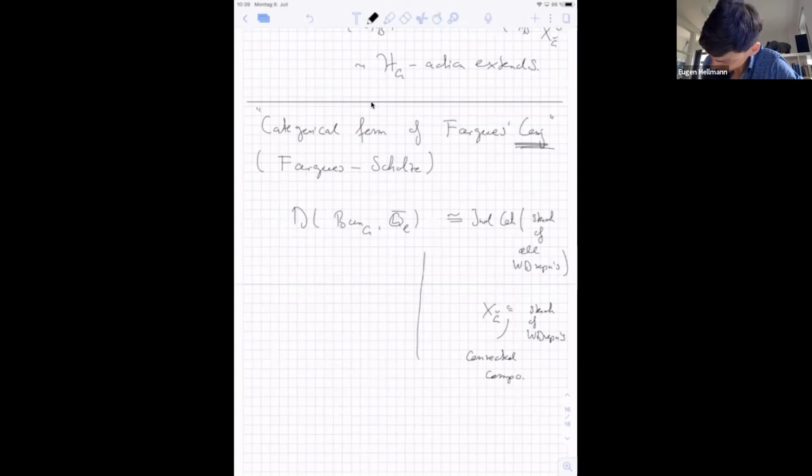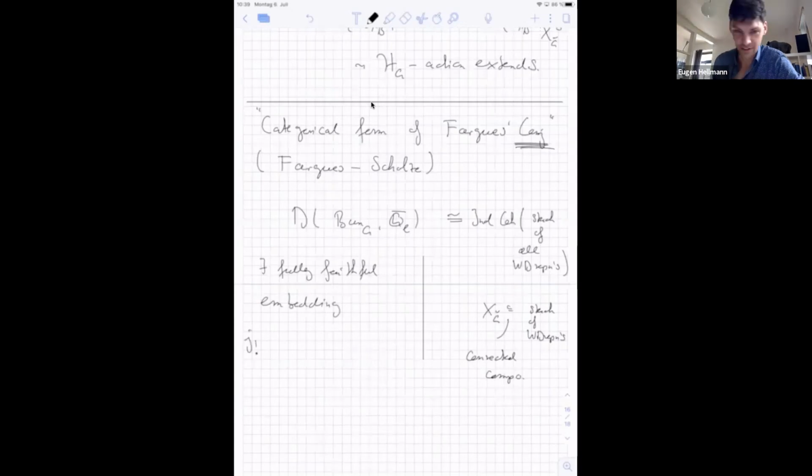So on the Galois side, and on the representation theoretic side, there exists the fully faithful embedding, which in fact can be realized very geometrically, and hence it has the name j lower shriek, from the category of smooth representations of G to, let's say, the derived category of these Q_l bar sheaves on Bun_G.